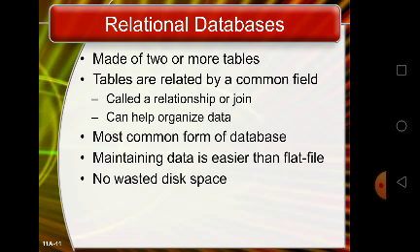A customer ID field in both the customers table and the orders table links the two tables, while a product ID field links the orders and products tables. The relational database structure is easily the most prevalent in today's business organizations.